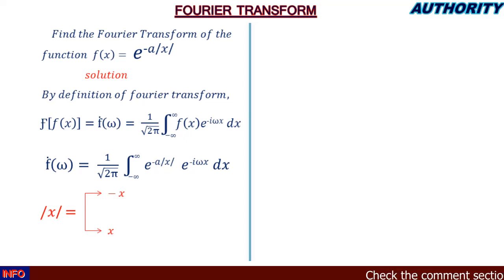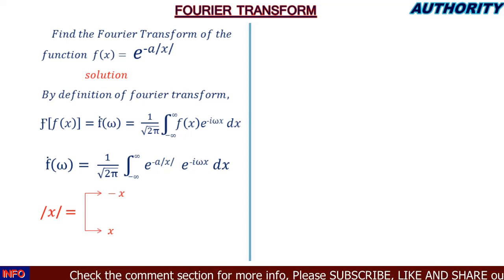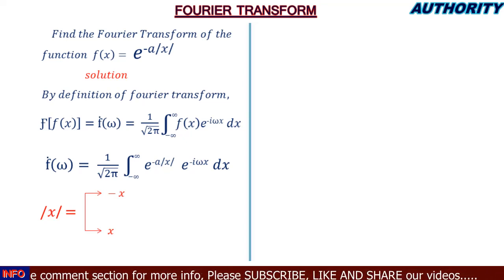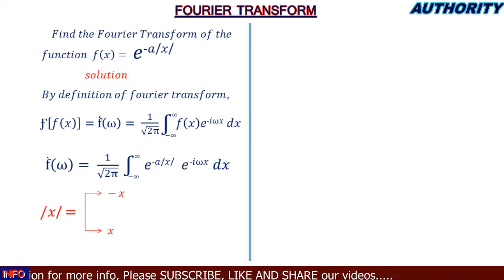And the absolute value of 5 itself is also the same as what? 5. So when we say the absolute value of x, this x could be negative and this x could be positive. And from the interval or the limit we are given in this integral, x is greater than negative infinity but less than infinity.